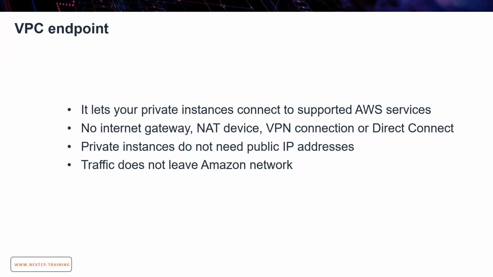Create a VPC endpoint for your S3 or DynamoDB or some of the supported services, and it does not use the regular internet traffic. It uses just your AWS internal linking. It doesn't go out of the Amazon network, and you do not need any NAT instance, NAT gateway, VPN connection, or Direct Connect. You don't need any of it.